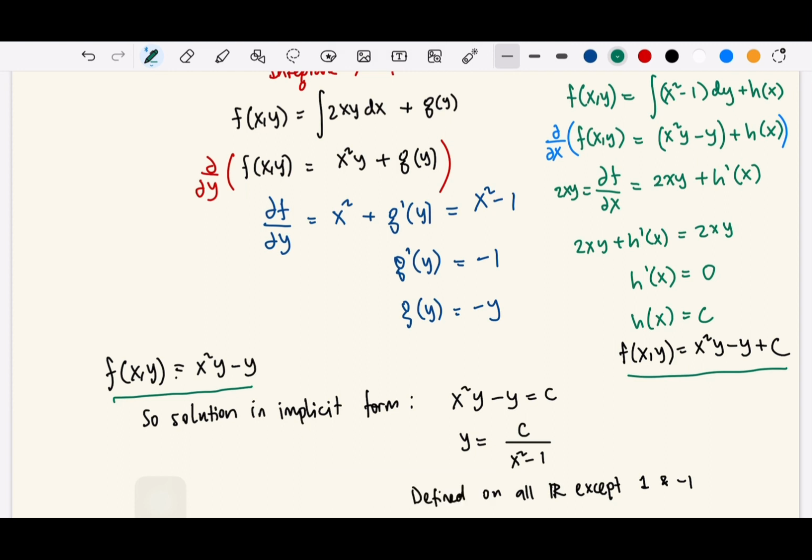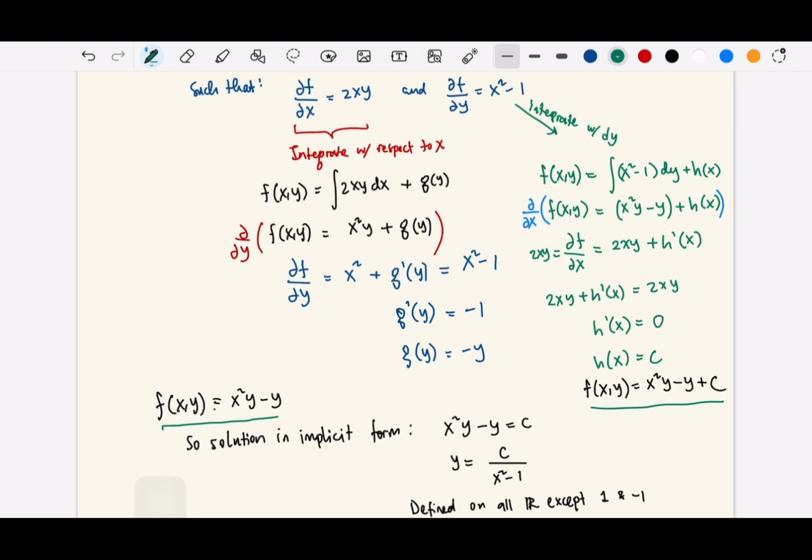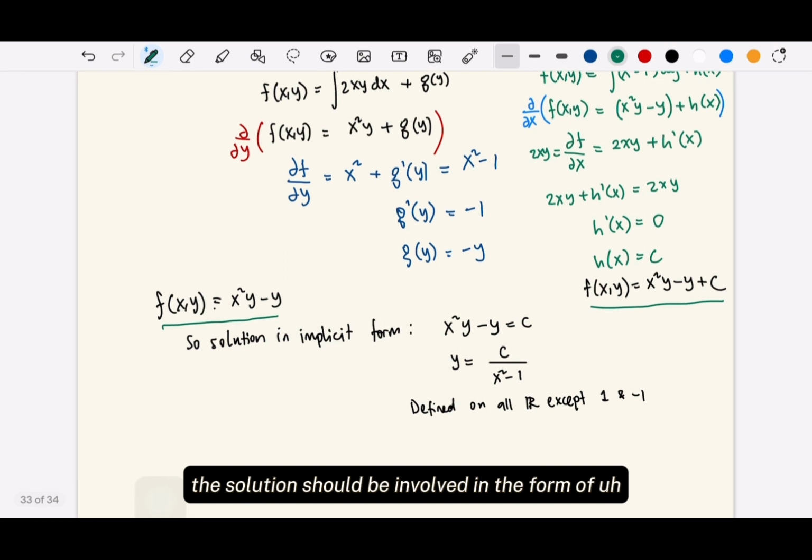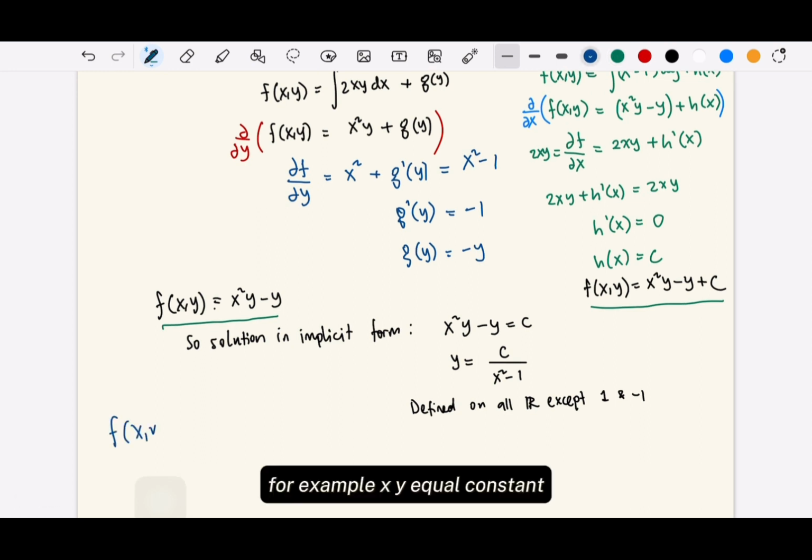Any question first? And remember, the solution should be in the form of, for example, f(x,y) equal to a constant.